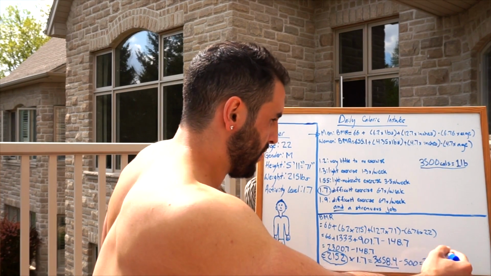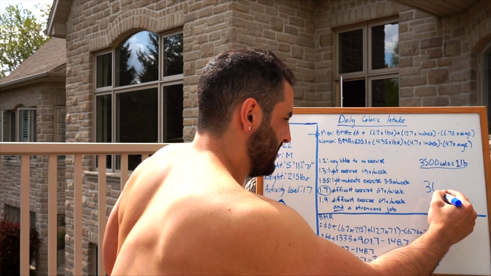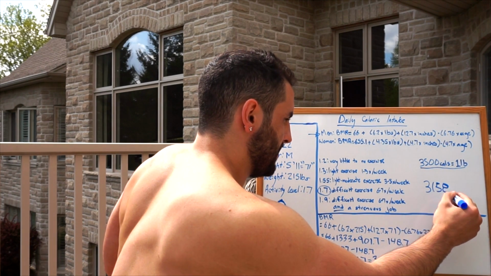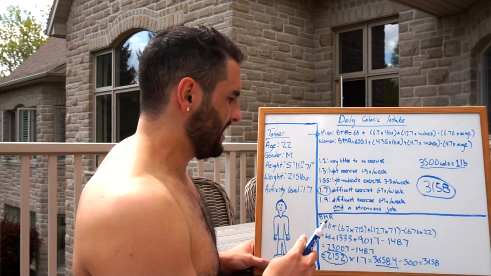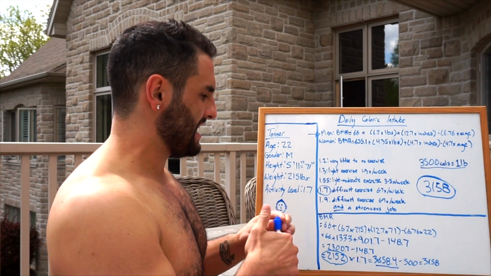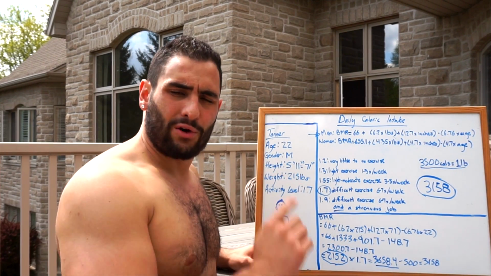I've rounded out to 4. So I'll put that there. So as we can see, I've now simply calculated the exact amount of daily calories I need in order for me to be losing 1 pound of body fat per week.